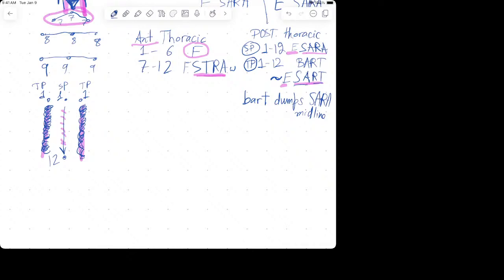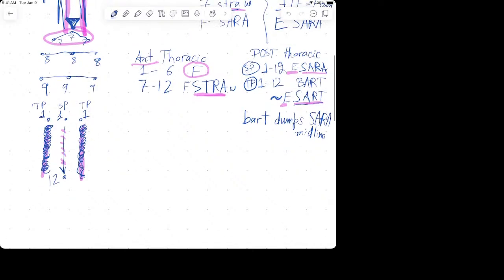So we did cervical anterior posterior, we did thoracic anterior posterior. Let's just do ribs because they're right there. So for ribs, the mnemonic I came up with, again mostly inspired by Dirty Medicine, is start ribbing, F, start ribbing, Sarah, BART.